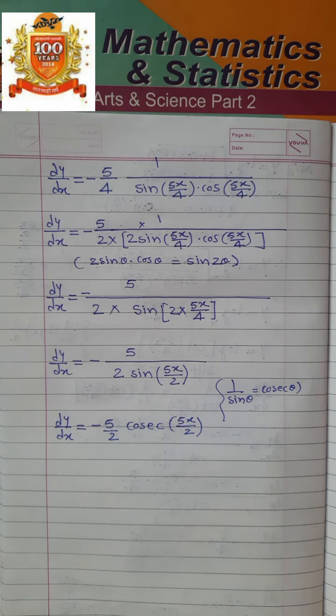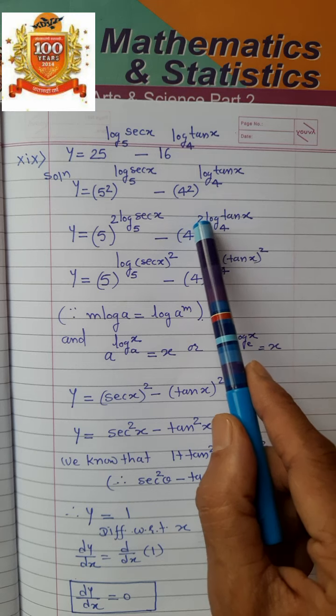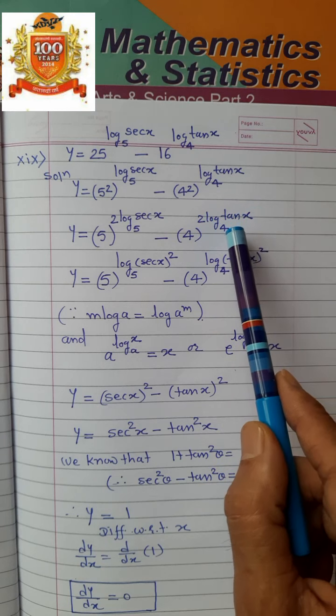We can write y is equal to 5 square raised to power log of sec x to the base 5 minus, instead of 16 we can write 4 square raised to power log of tan x to the base 4, which is equal to y is equal to 5 raised to power 2 log of sec x to the base 5 minus 4 raised to power 2 log of tan x to the base 4.